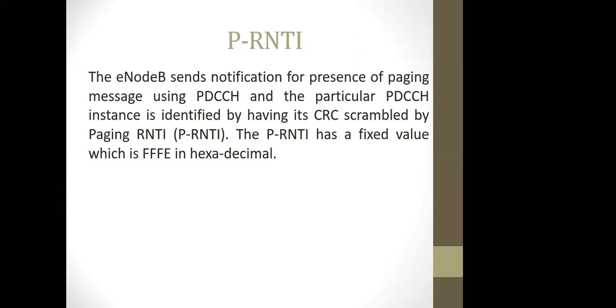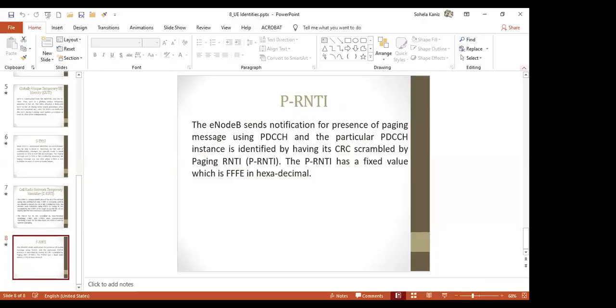They all read, and in the paging message the network says that I'm looking for this and this person, giving their identities. Okay, but P-RNTI we'll discuss later when we discuss paging.